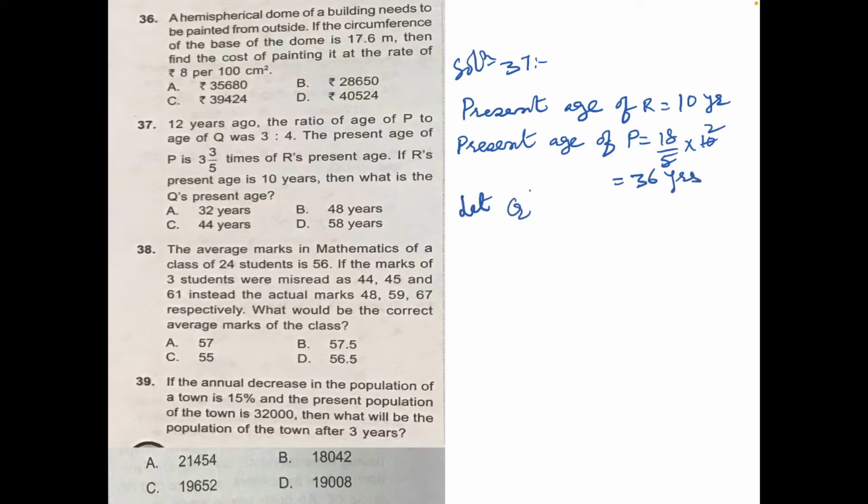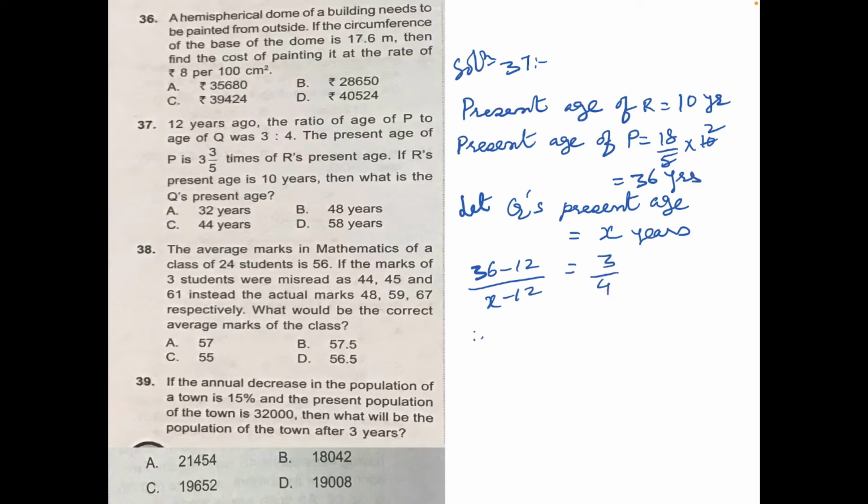Let Q's present age be X years, right? So I can say that P's present age minus 12, that means 36 minus 12, divided by X minus 12, is equal to 3 by 4.